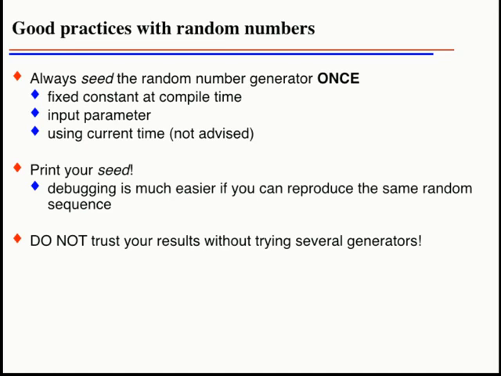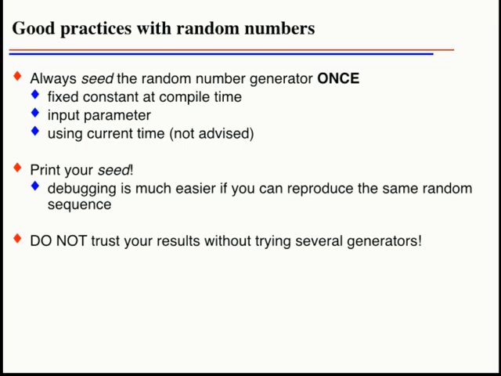But this is only valid if you keep it in the same state, if you just go on from a state. If you change the state of your random number generator all the time by seeding it more often, then you completely destroy every theorem that could prove to you that this is a good pseudo-random number generator.